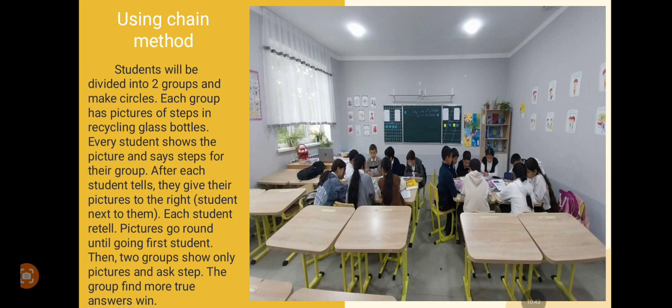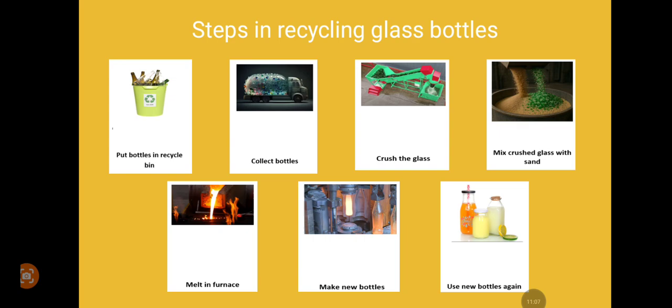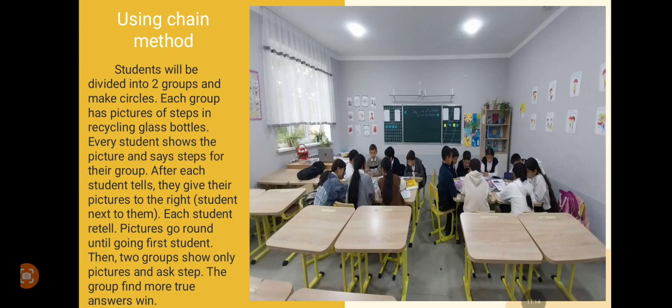You may see this picture, but if students stand and make two circles in two groups, it will be good. Maybe they may sit down or stand up, it's up to you. Each group has pictures of steps in recycling glass bottles. Every student has one of these pictures, and every student shows the picture and says the step for their group.